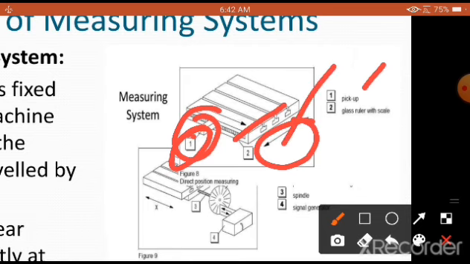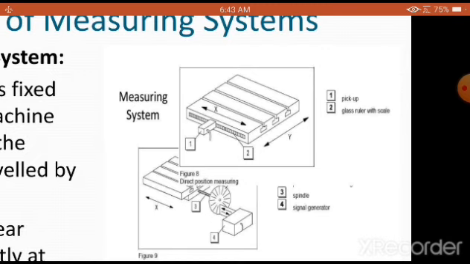That means however many axes there are, that many sensors need to be incorporated in a CNC machine, and these movements are monitored and synchronized, and the signal is sent to the control unit to carry out the process of measuring or taking the control action, especially in the case of a closed loop control system.